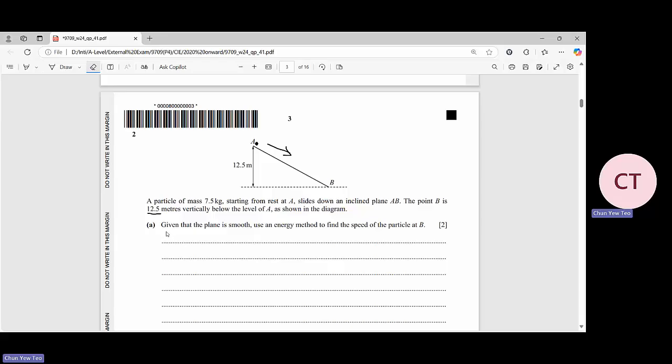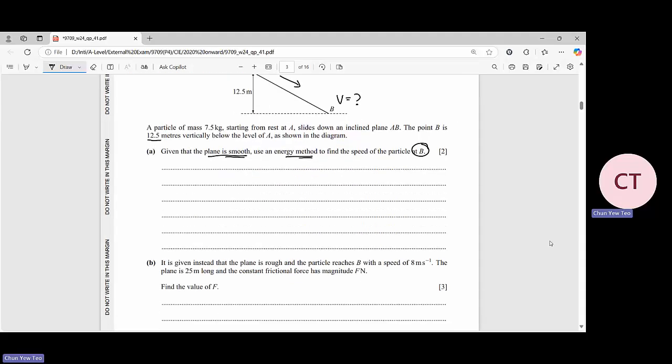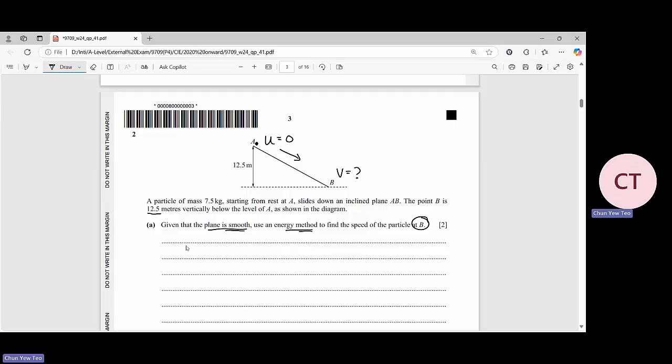In part A, given that the plane is smooth, they want you to use the energy method to find the speed at B. So we are looking for V. We know that at the beginning, your U is 0. It is going down, so we will be using conservation of energy.